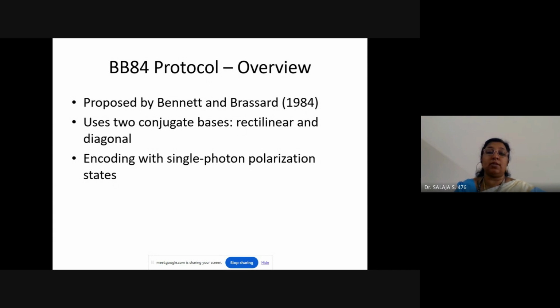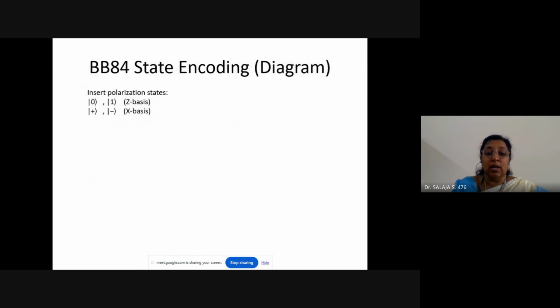It's all based on quantum physics, on the polarization of a single photon, where it gets shifted to any one of these angles. So how do I depict the polarization state? We take two gates, the normal X gate and the Z gate.